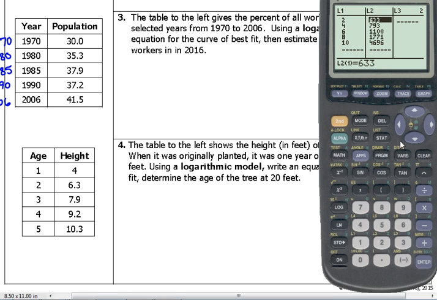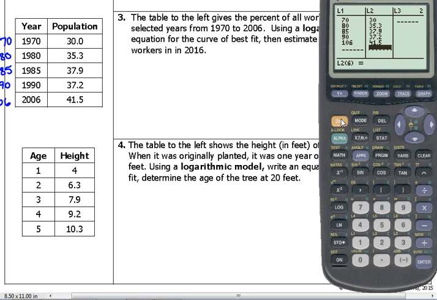Stats, edit. 70, 80, 85, 90, and 106. And we've got 30, 35.3, 37.9, 37.2, 41.5.